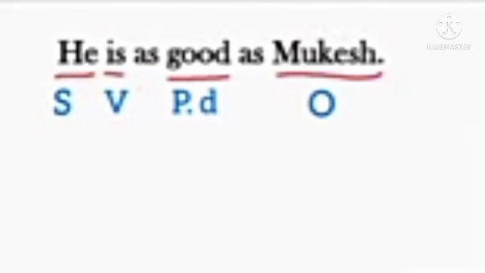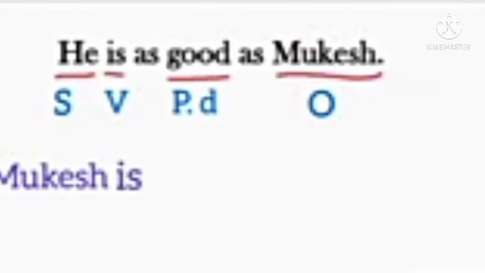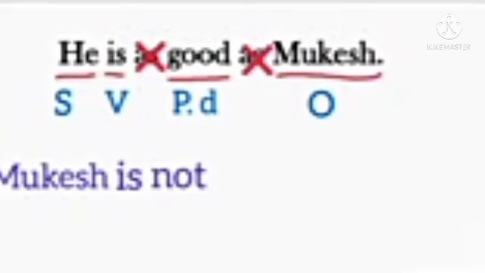So at first we will bring the object to the subject place. So we will write Mukesh, then it will be followed by the verb, that is, and next you see we have to add the negative word if the given sentence contains no negative word. Okay, so we will add here not and then we will remove as from the given sentence.